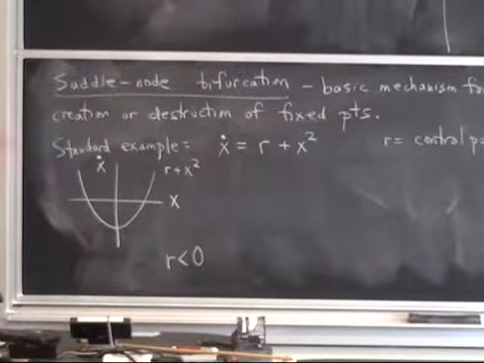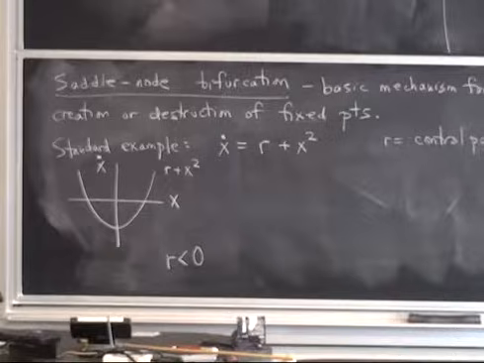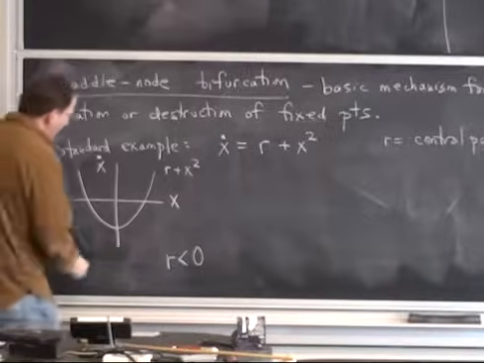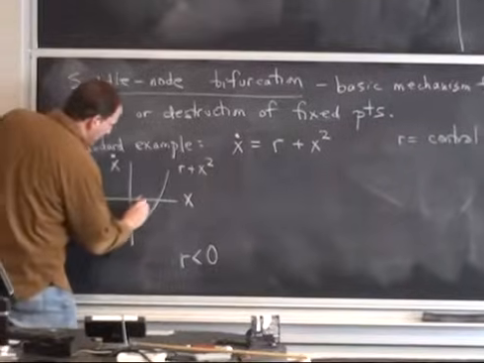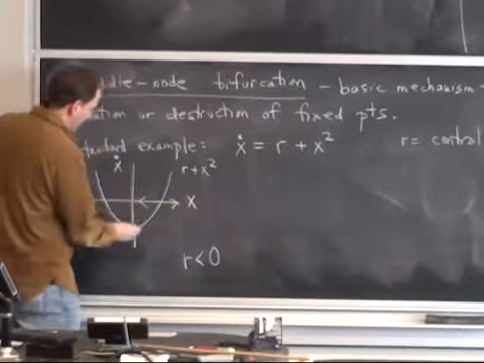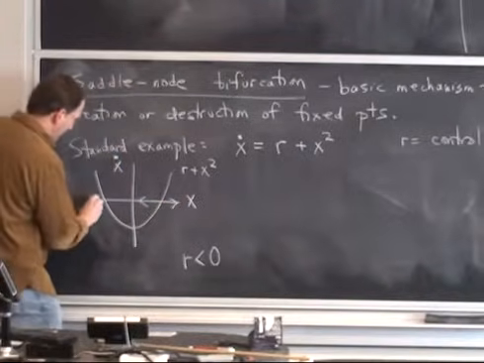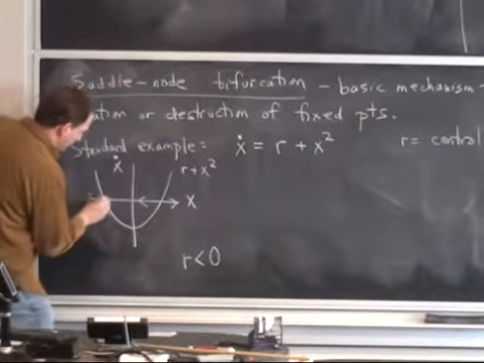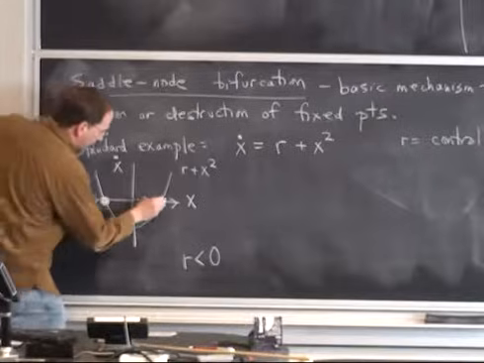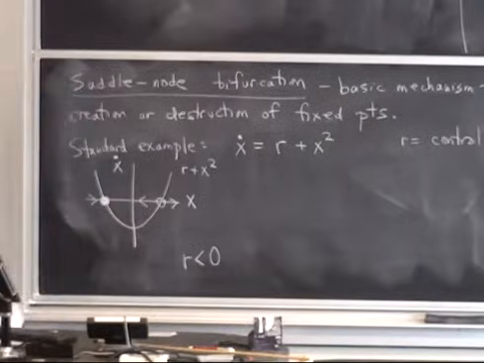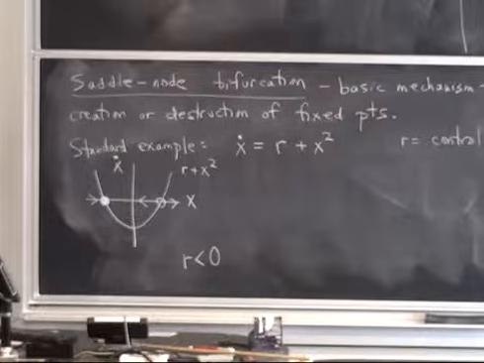And it's a parabola opening upward. And now you can see, from our techniques, that we've got negative x dot here, positive here, and positive over there, telling us that this is a stable fixed point and this one is unstable. So right now we have 2 fixed points of opposite type.